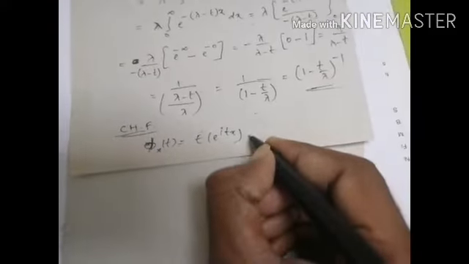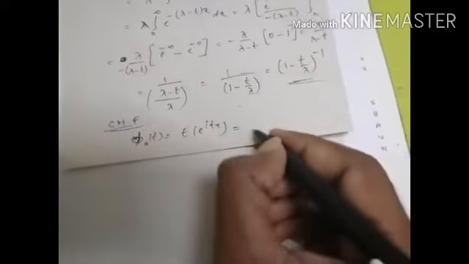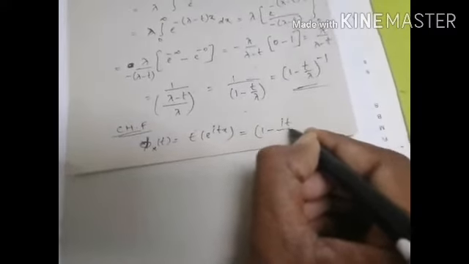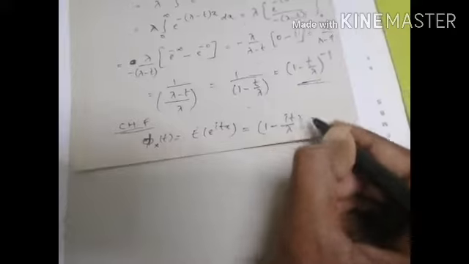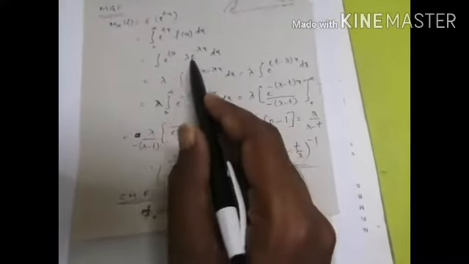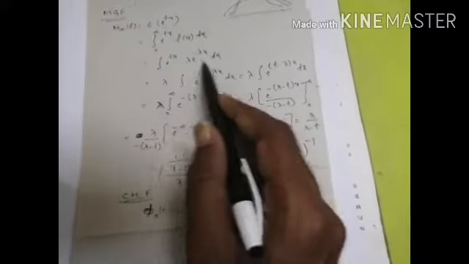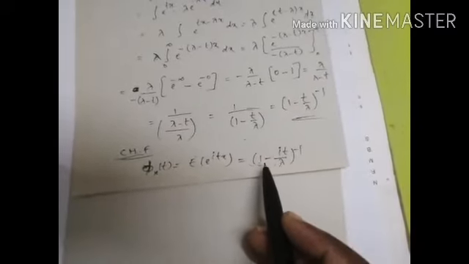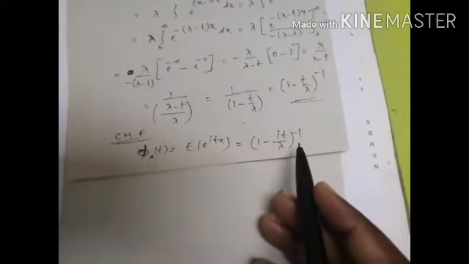I am writing the answer directly: 1 minus i t by lambda whole inverse. Wherever t is there, you need to put i t. Same process. So we get the answer 1 minus i t by lambda whole inverse.